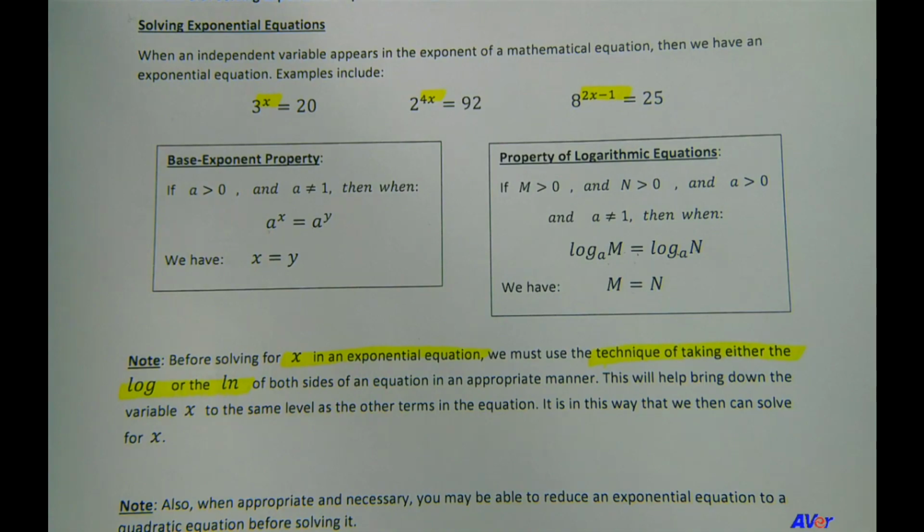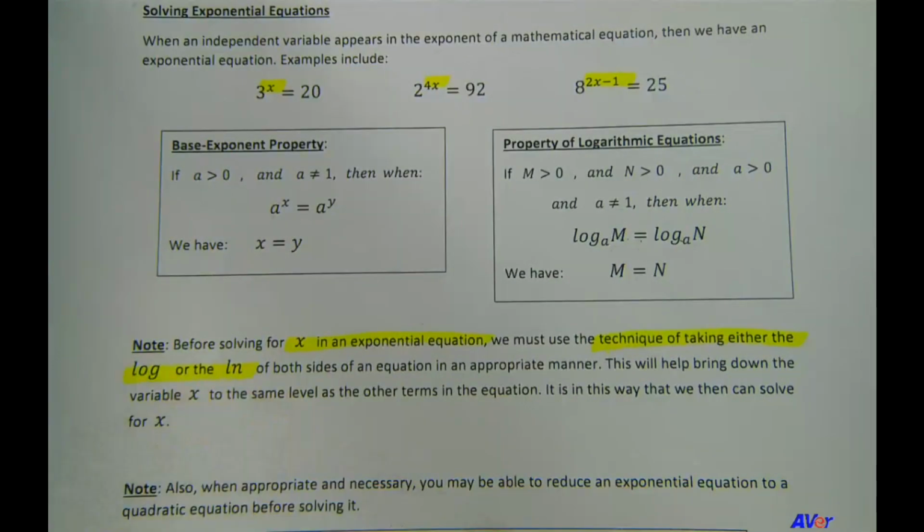We would add something to both sides when appropriate. Or we would subtract something from both sides when appropriate. In this section, we may have to take the log or natural log of both sides. So that's an additional tool we now have in our toolbox to solve equations, except that this tool is specifically designed to solve logarithmic equations or exponential equations. Okay?